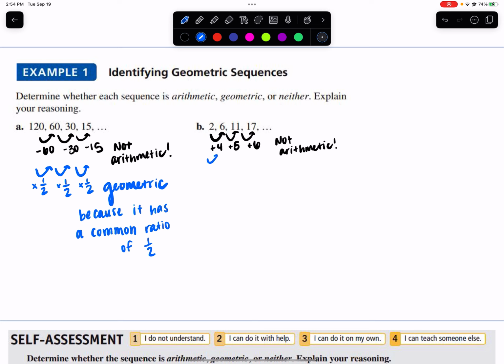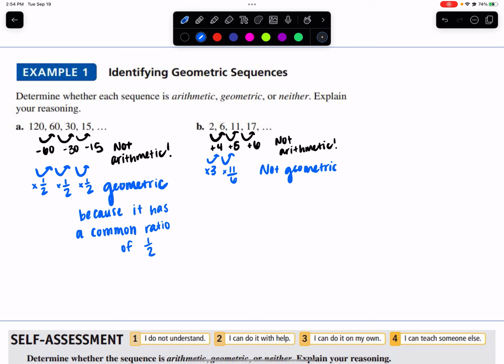So 2 to 6, I can see that I would be multiplying by 3. You could also do 6 divided by 2 if you weren't sure. 6 to 11, I don't have something in my brain that tells me what that is, so I would do 11 divided by 6 and find that I am literally multiplying by 11 over 6. So I can already tell not geometric either.